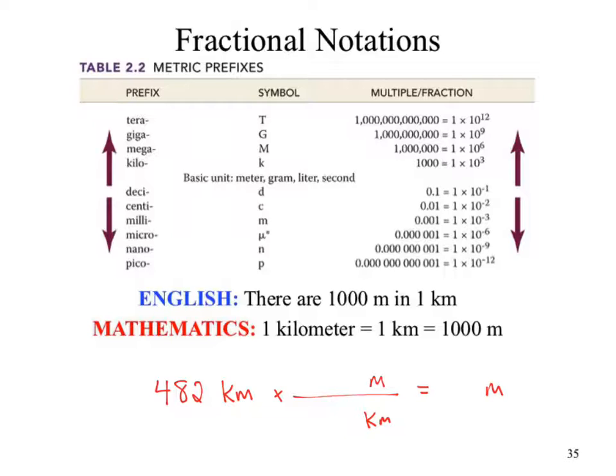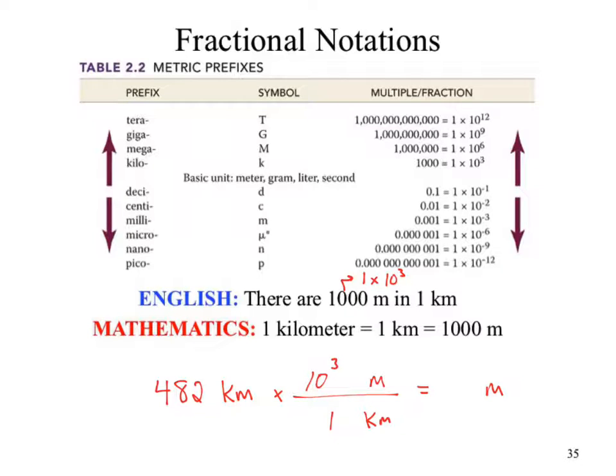If meters was on the bottom, the 1,000 is now being placed in the wrong space. The 1,000 is tied to meters. That means my 1,000 goes with meters. What number goes with kilometers? 1. Notice, where did my power of 10? Well, there's no power of 10 there. 1,000 is the same thing as 1 times 10 to the third. So I could simplify this to being 10 to the third.